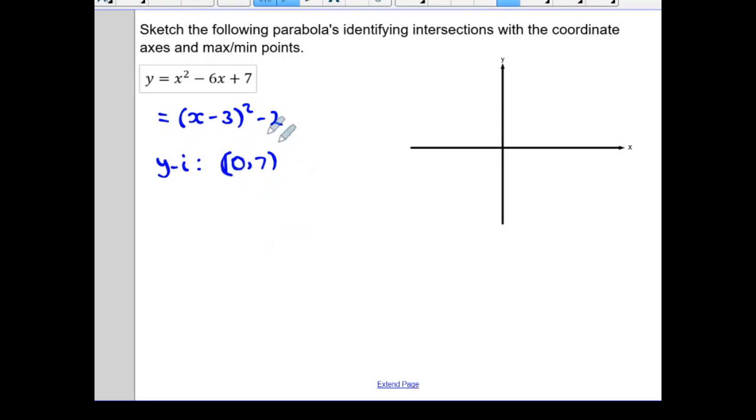For the x-intercept, we can actually use the complete the square form. We're looking at when this is equal to 0, so we need to solve this equation. So we'll do this in full. We can add 2 to both sides.